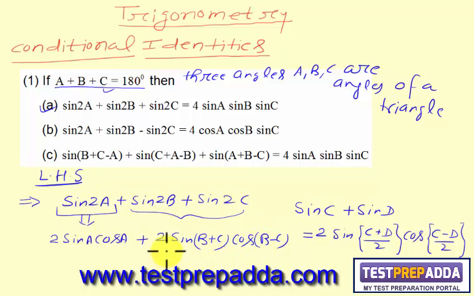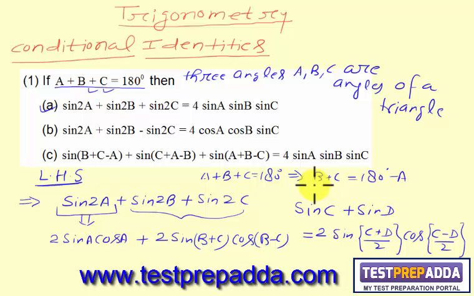Now, here it is given A plus B plus C is equal to 180 degrees. So, can't I write B plus C is equal to 180 degrees minus A? I want sine (B plus C), so I'll take sine on both sides.